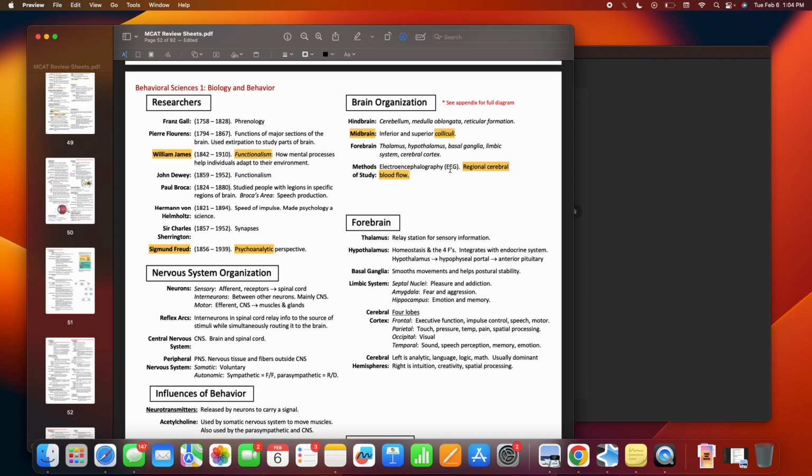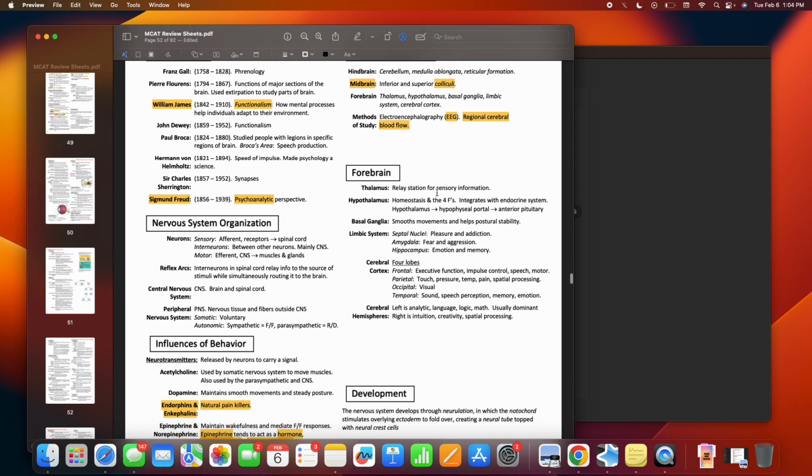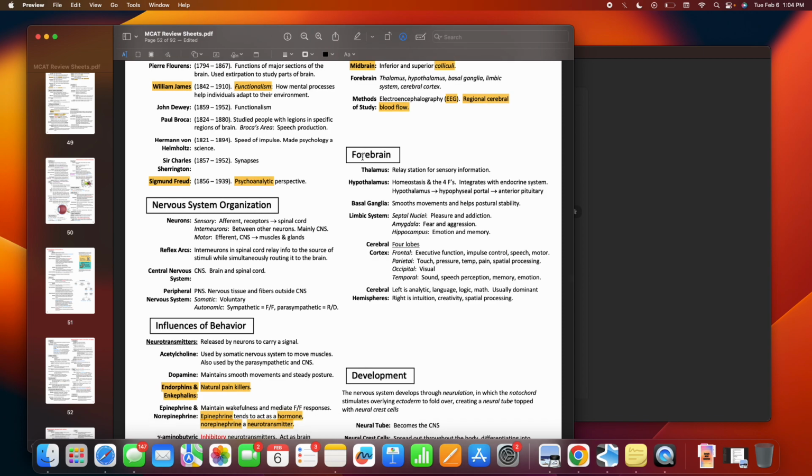Then we have forebrain. Okay, now thalamus is the relay station for sensory information, right? So sensory info, relaying it is by thalamus.